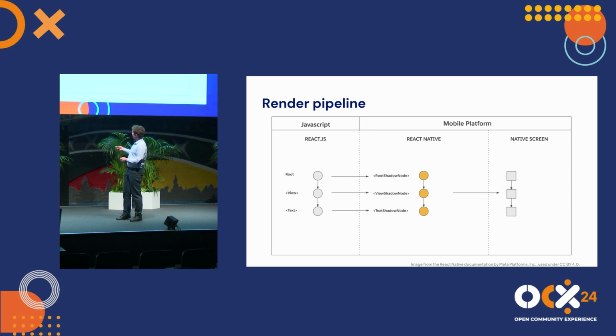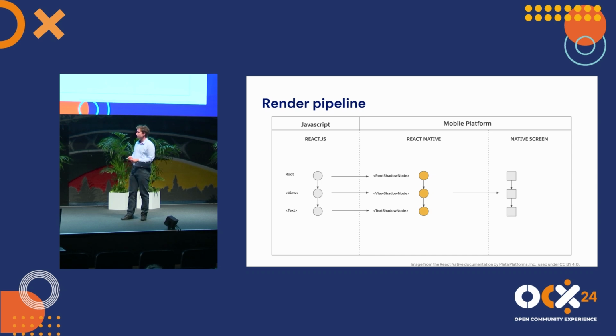And then, using that element tree, a shadow tree is created here in the middle. And, well, the shadow tree represents all the host views on the native side. Because in React Native, you can create your own components, and you can use native views, host views. So these host views have corresponding views on the native side, but you can also wrap them with your own components, and your own components won't have corresponding views on the native side.